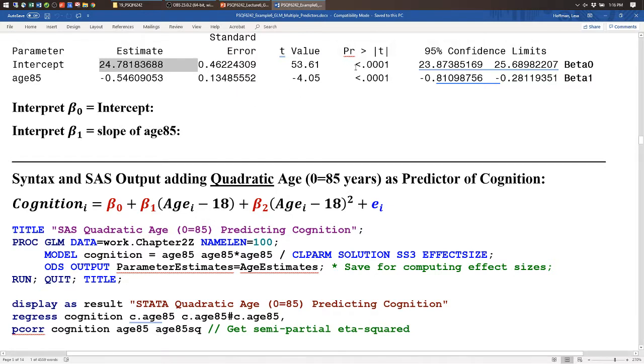Do we care that that intercept is significant or not so much? Not so much, because it just means 24 is not 0. But the scale doesn't go down to 0. I mean, it goes down to 0, but that doesn't really mean anything, so we wouldn't make a big deal out of that. The slope, though, slope is negative.